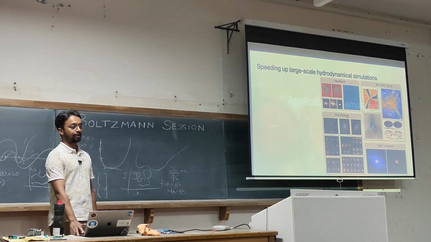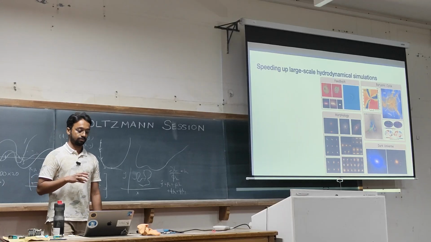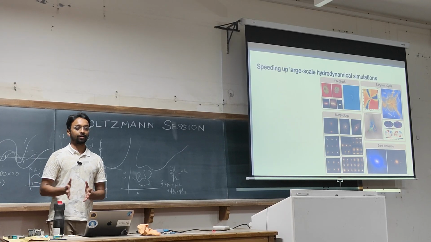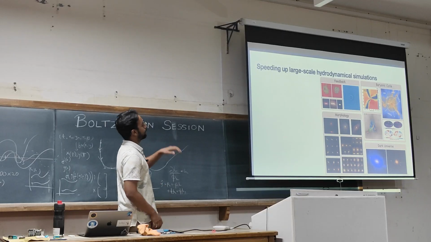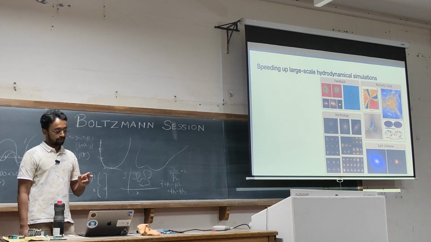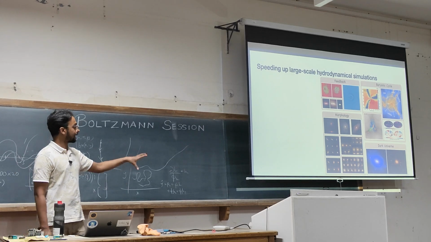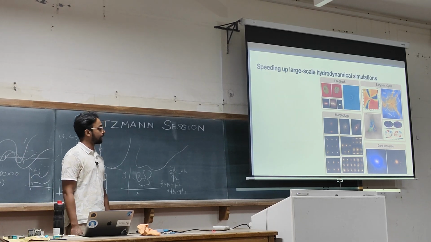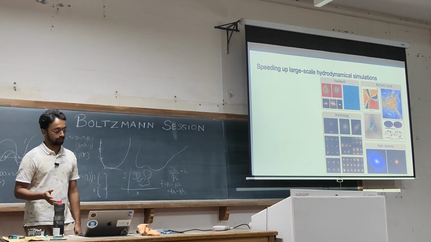The biggest application is that because they're quite fast, you can use them to speed up large-scale hydrodynamical simulations. These simulations incorporate so many different effects, like stellar feedback, understanding galaxy morphology, or trying to predict cosmological parameters.